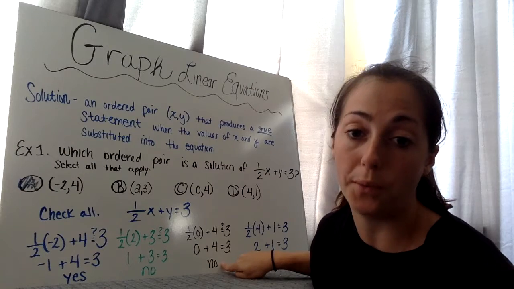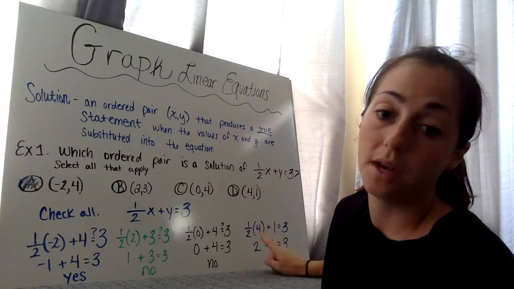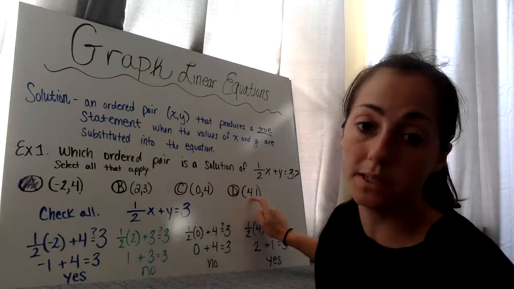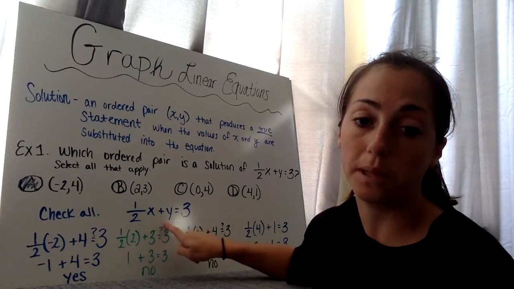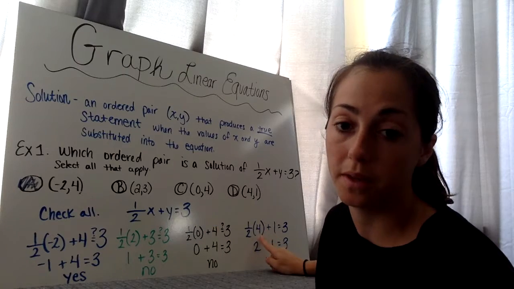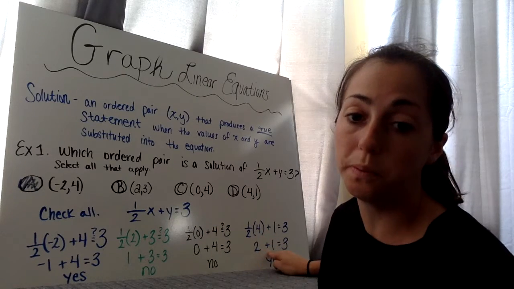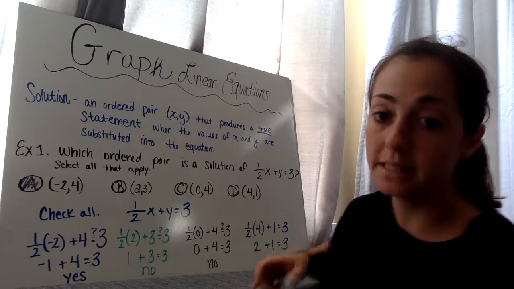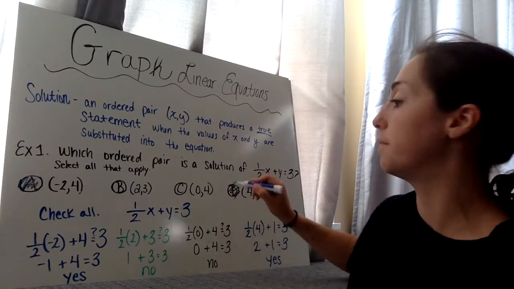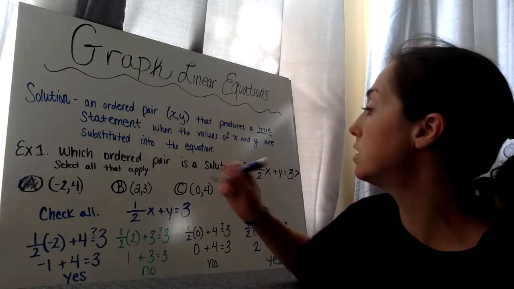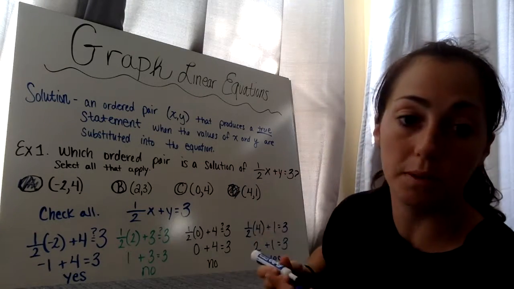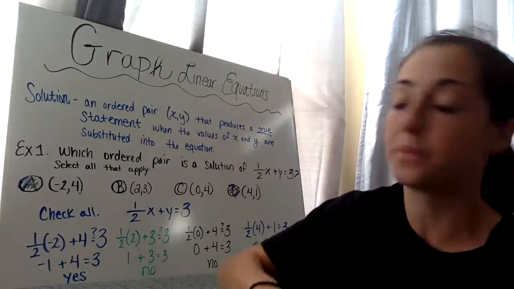So again, no. Last one, I've got the ordered pair 4, 1. So I'm plugging in 4 for x and 1 for y. Half of 4 plus 1 equals 3. Half of 4 is 2. 2 plus 1 is 3. Yes, this is also a solution. So my two solutions, so which ordered pairs are a solution, would be A and D, not just one of them.